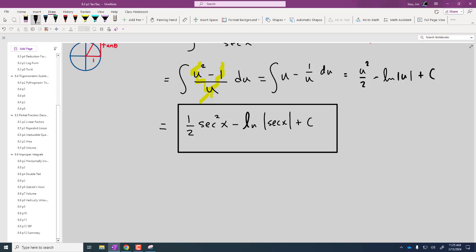So in the yellow, if it was like u plus 3 in the denominator, then you have to do long division, because you can't divide. Oh, gotcha. So if we had that, then we would do long division. But you still could split the fraction here.